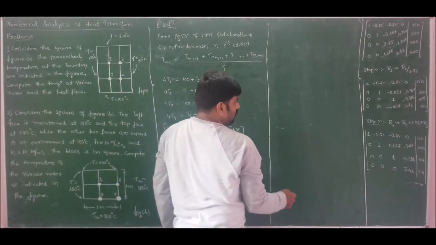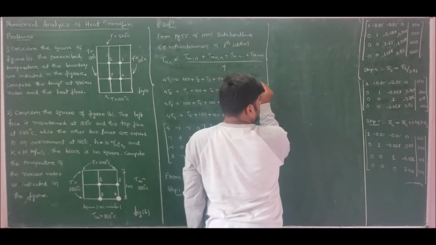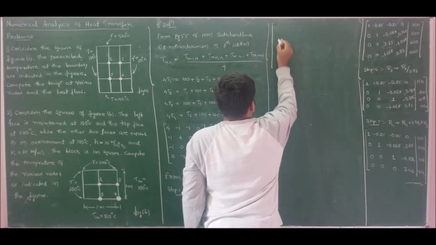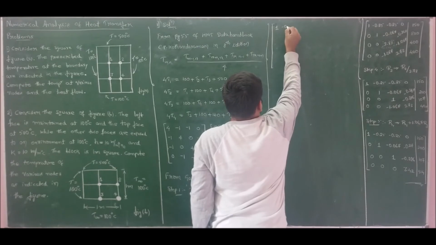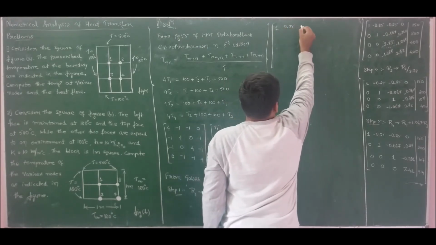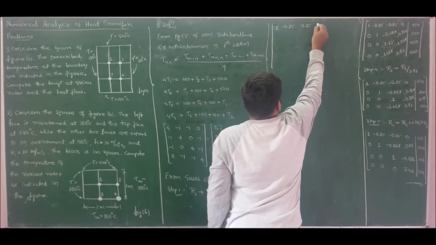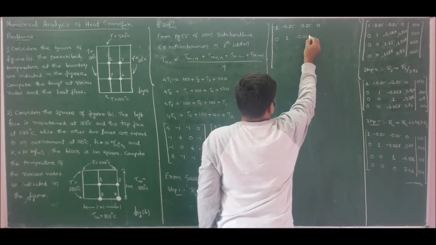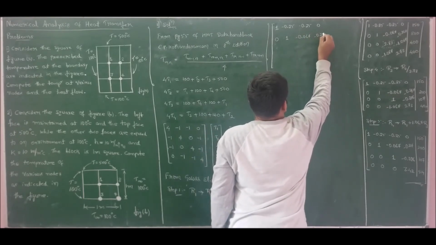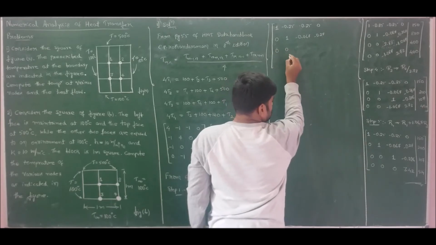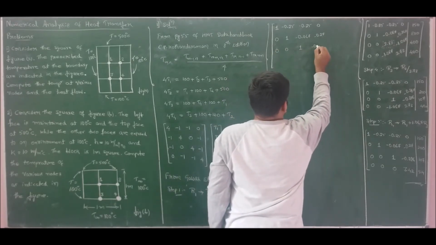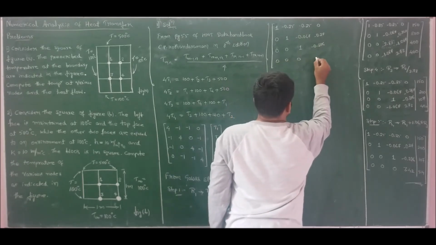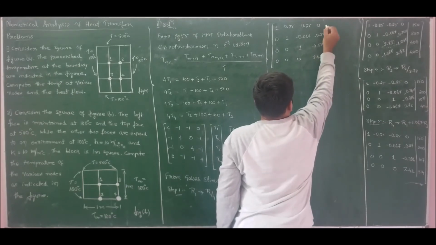So now for backward substitution I take this matrix and write it properly, which we found in step 5 as: 1, minus 0.25, minus 0.25, 0; 0, 1, minus 0.067, minus 0.27; 0, 0, 1, minus 0.286; 0, 0, 0, 3.42.